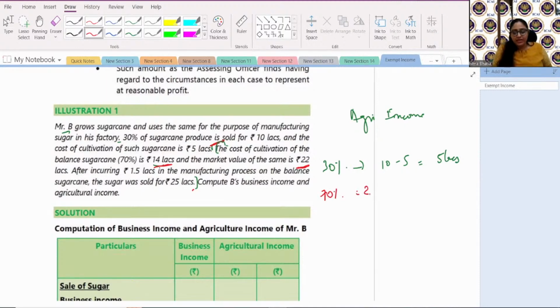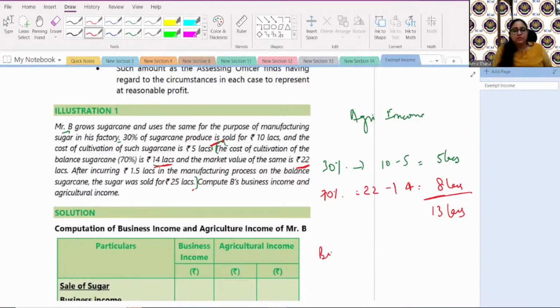So you will say 22 lakhs minus 14 lakhs. If I had sold this as it is, how much agricultural income would I have had? 22 minus 14, 8 lakhs. Correct? This is for my 70% of the produce. But what did I do? I sold it through manufacturing.